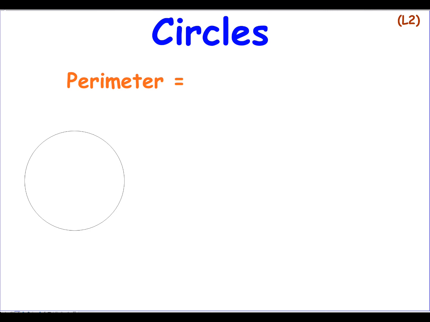So let's look at the perimeter of a circle, commonly known as the circumference. Now, a Greek scientist many years ago found that whenever he drew a circle, there was a relationship between the distance around the outside of the circle, the circumference, and the diameter.